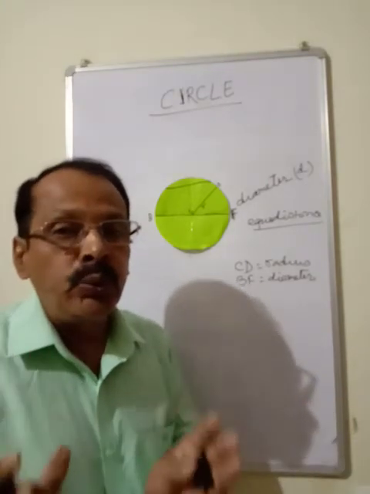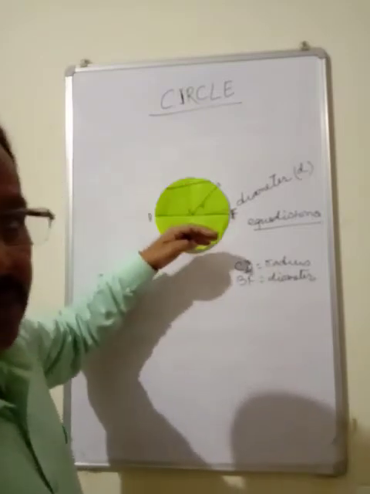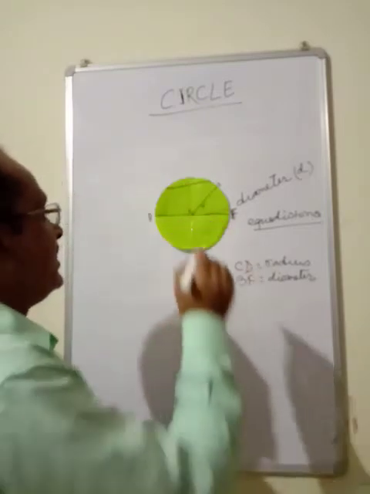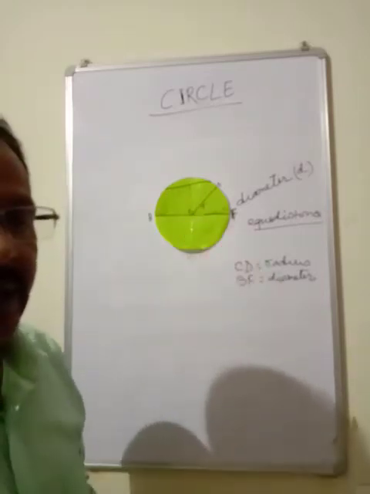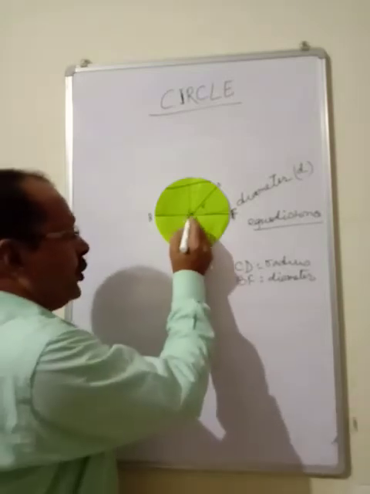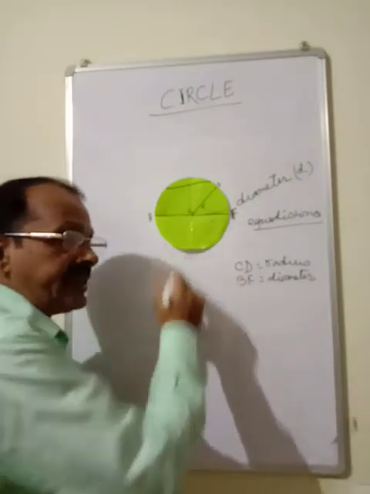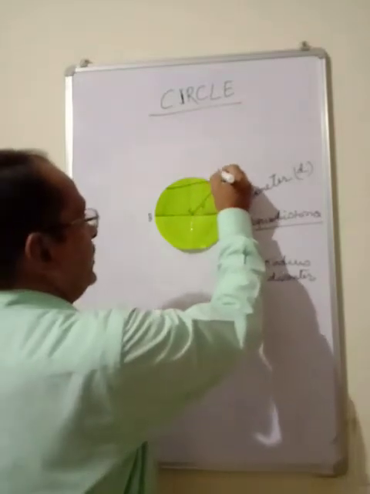One is a smaller part, the other is a bigger part. When a line segment divides the circle into two parts and does not pass through the center, that is called a chord.